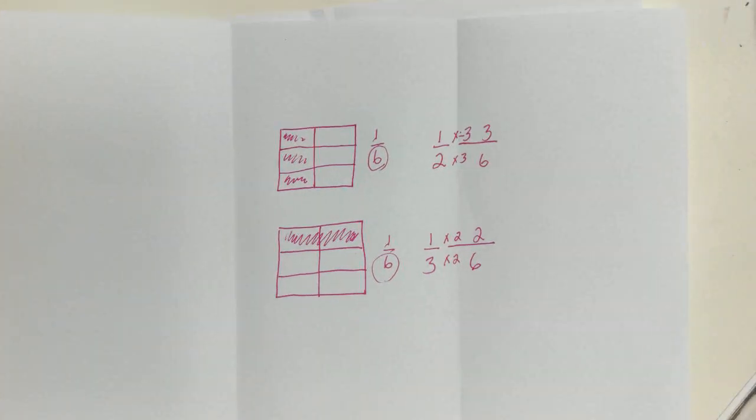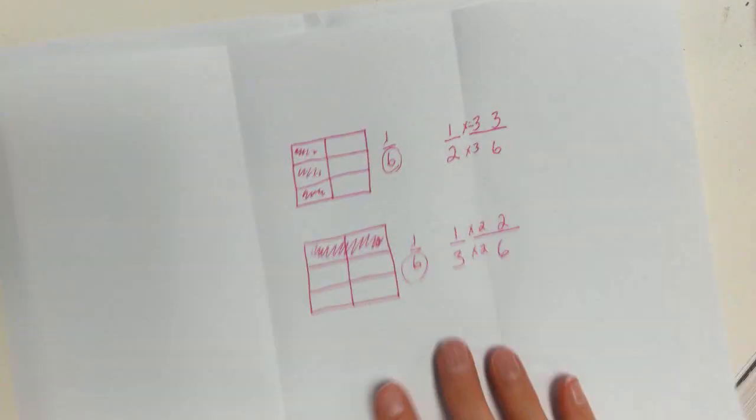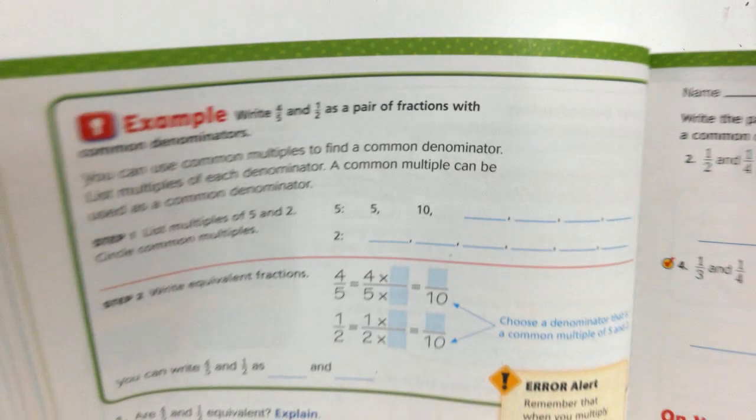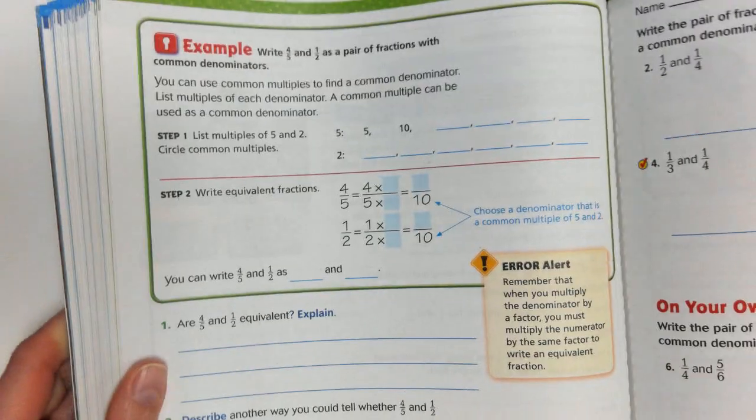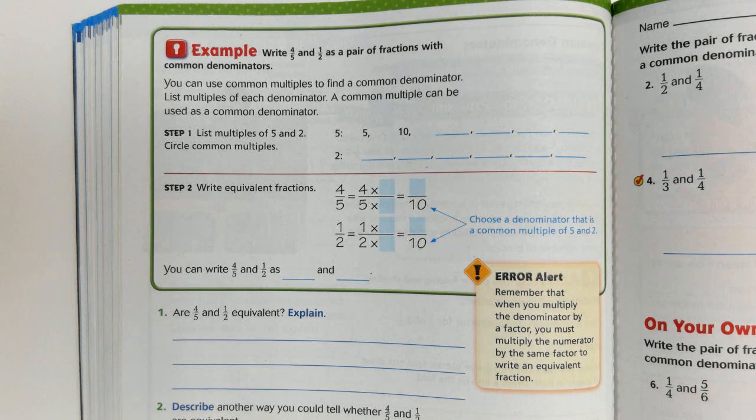Let's look at this in different ways. Let's look at page 240. When I look at common denominators, I usually want to find the lowest common denominator, and that's going to be the lowest common multiple.